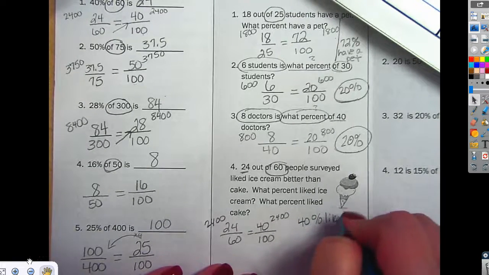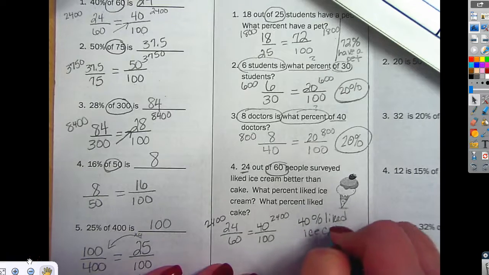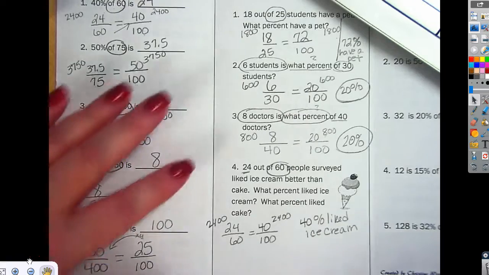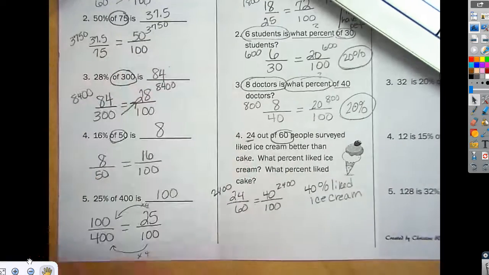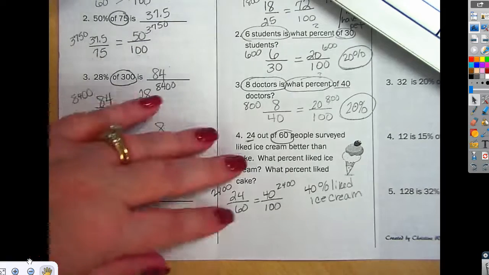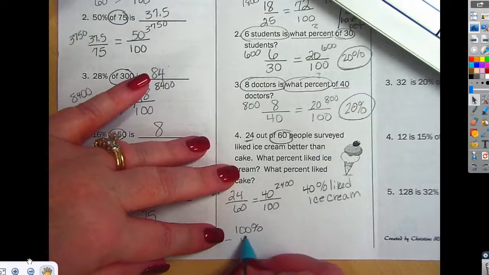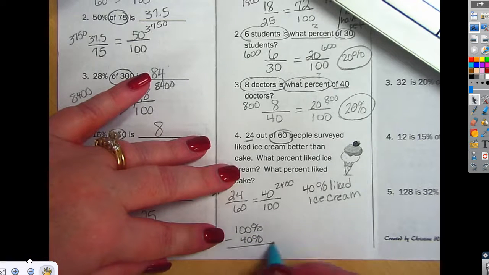liked ice cream. So if 40% liked ice cream and the rest liked cake, what would be the percent that liked cake? 60. How did we get that? 100% minus 40% equals 60%.